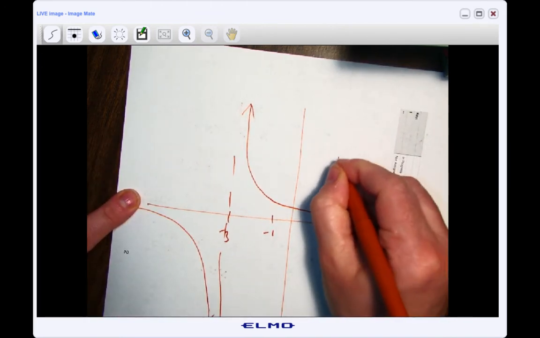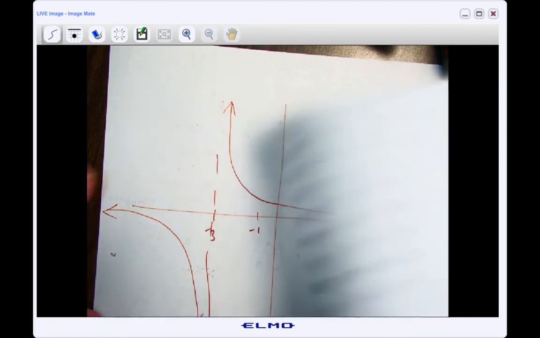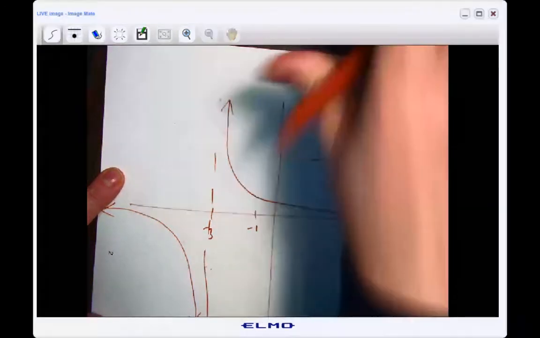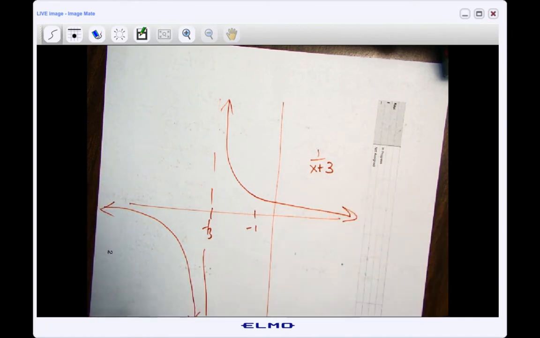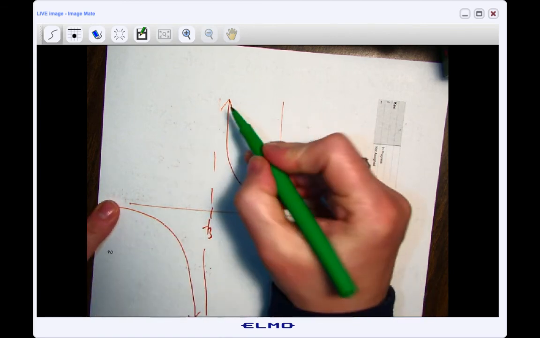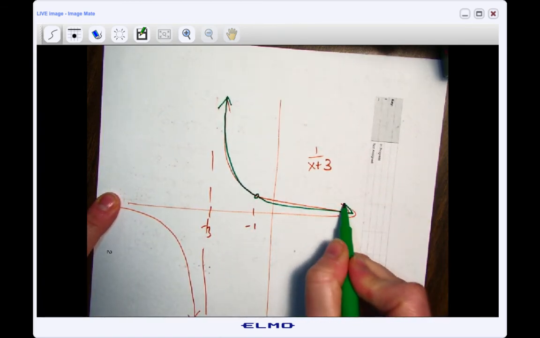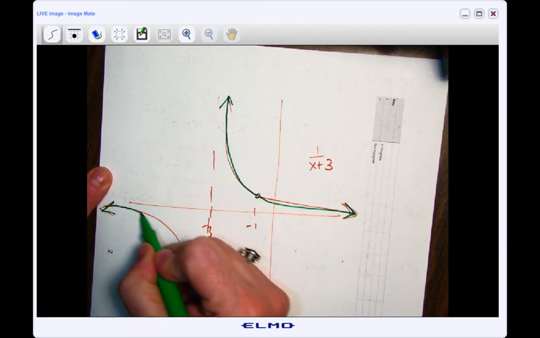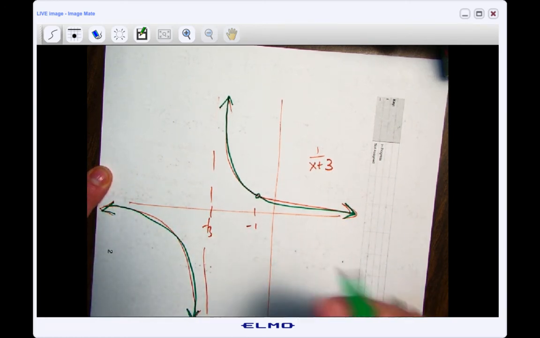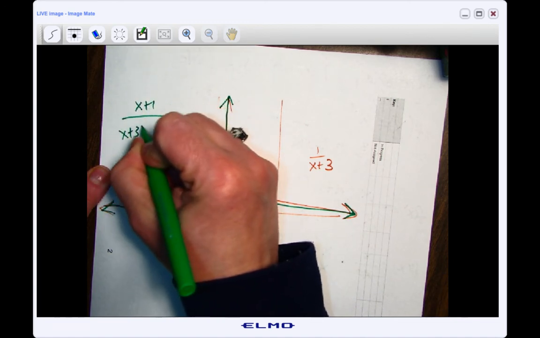So this is my 1 over, for this example, it was x plus 3, right? So this is my example of 1 over x plus 3. Okay. Now this other guy, he has a little hole here, but then he does all the same stuff. So he's sitting on top. And this green one is the original one that we were working with.